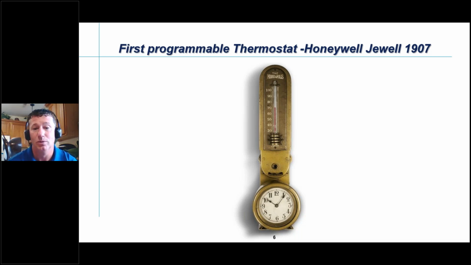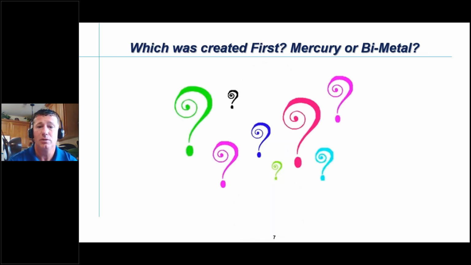So by the time we got into World War I, the demand for heavy metals became an extreme demand for military production. So the construction of the thermostat faded away a little bit, but our original programmable thermostat was built and used in 1907.